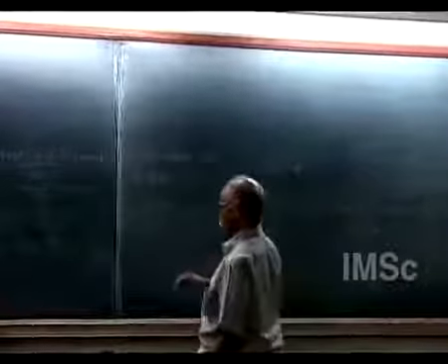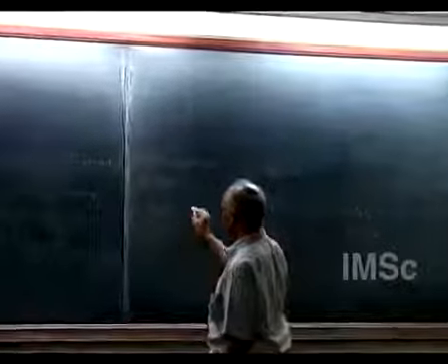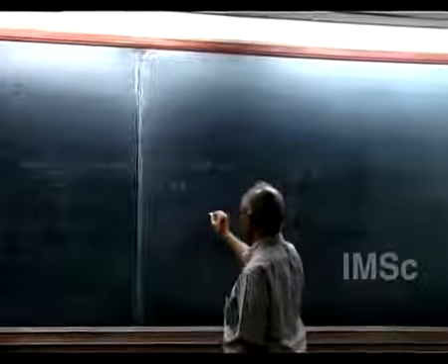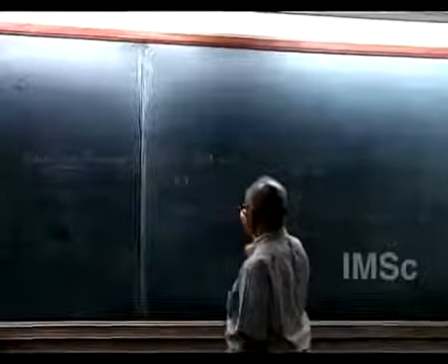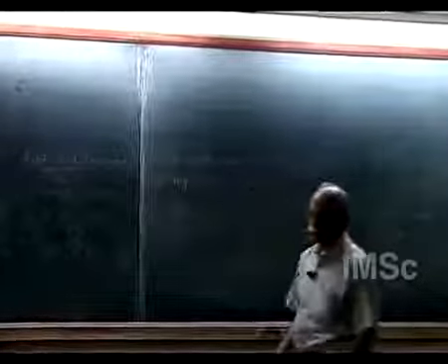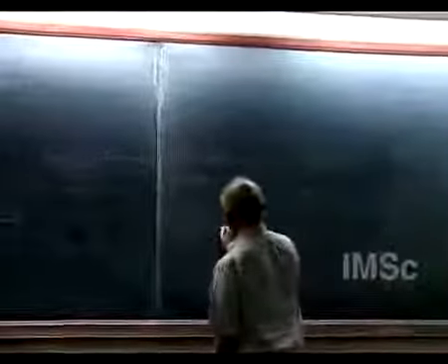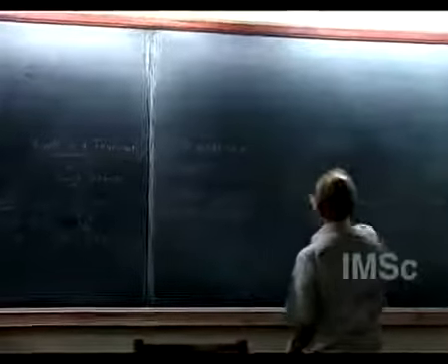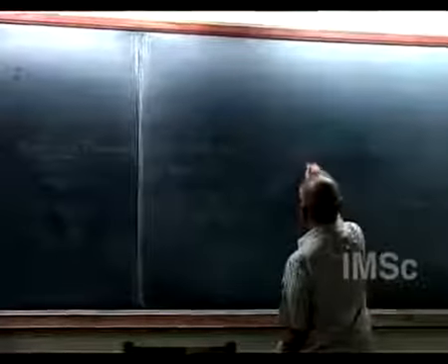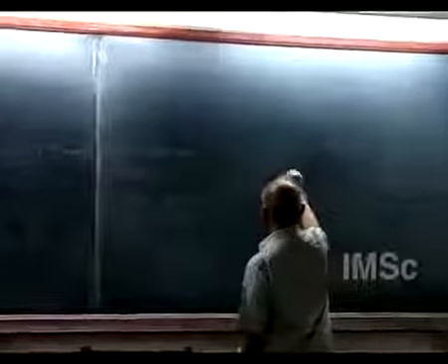Anyway, this theorem, this statement is the following. Let us consider it for left cosets. First statement is: two left cosets are either totally disjoint or identical.